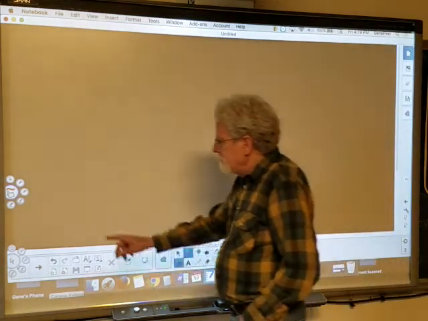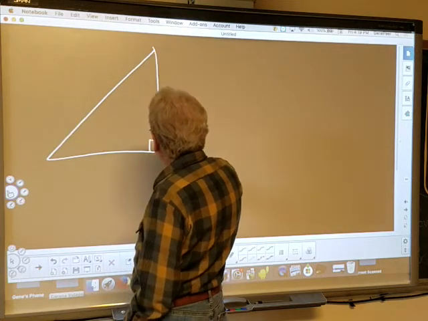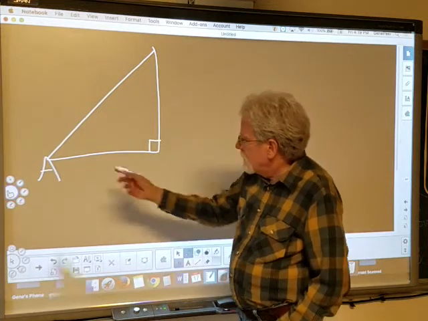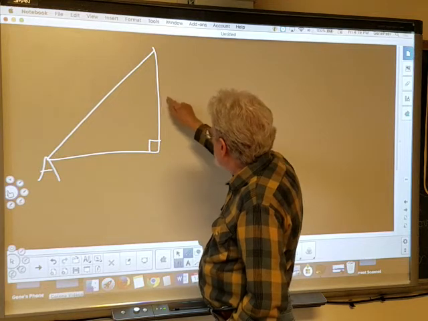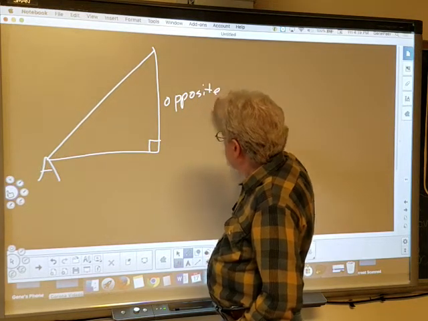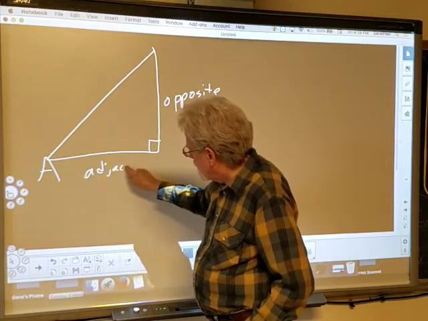We already know that if we've got a triangle such as this one, if it's a right triangle, and we're looking at, say, angle A, from angle A's perspective, this would be the opposite side. This would be the adjacent side.